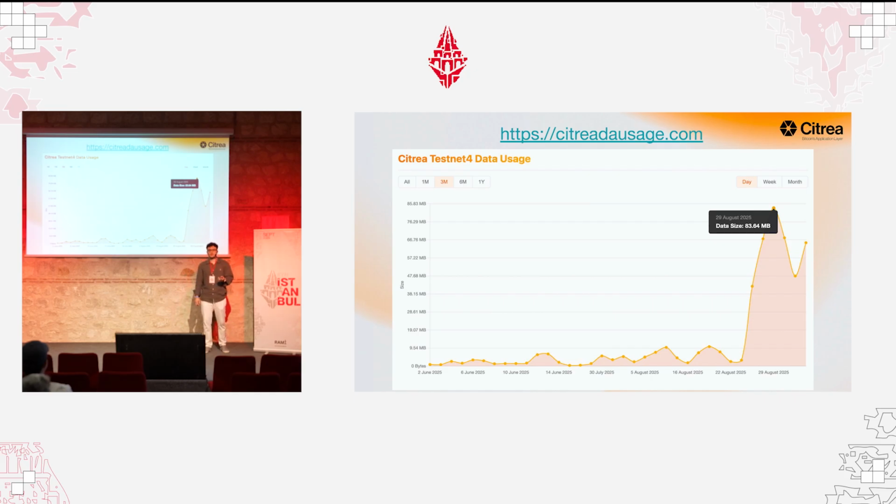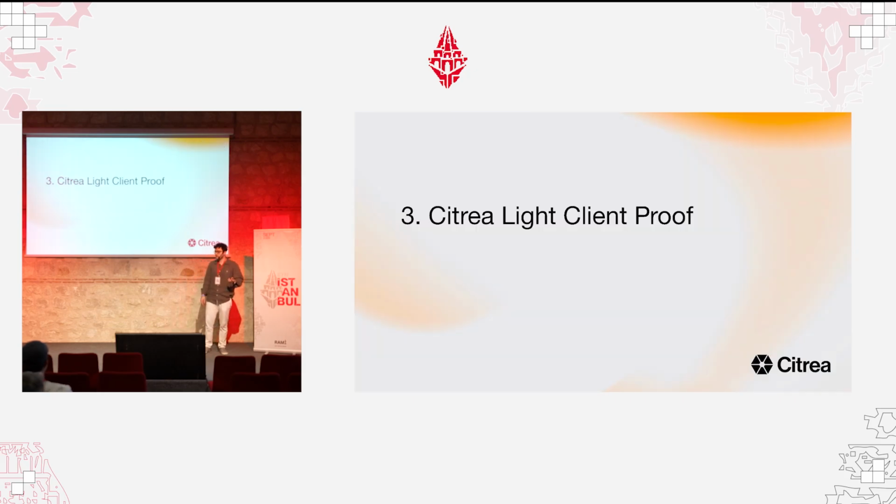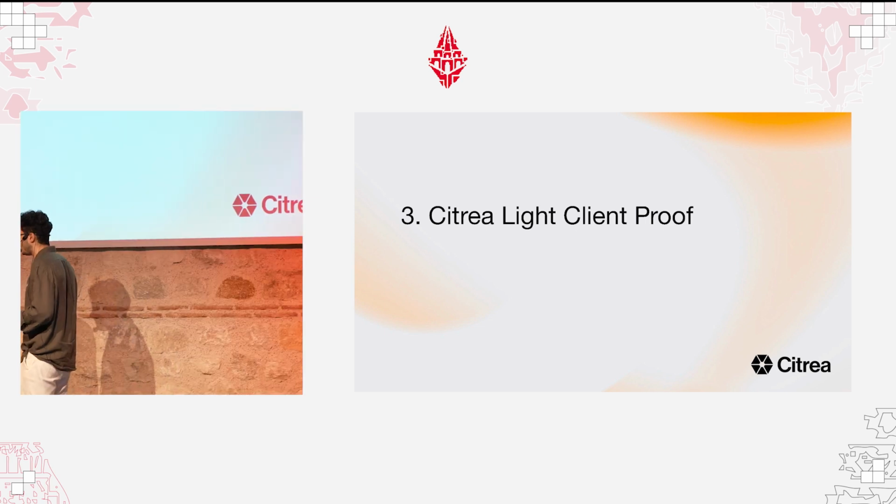Usually we use about 0.5% of available block space in a day, but lately we've been doing some testing, and a few days ago we pushed like 80 megabytes of data, which really scares lots of Bitcoin people, let's say. But yeah. So okay, we pushed a lot of data to Bitcoin, but nothing has been verified yet.